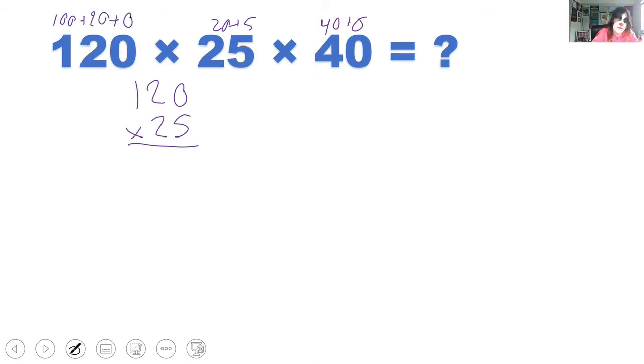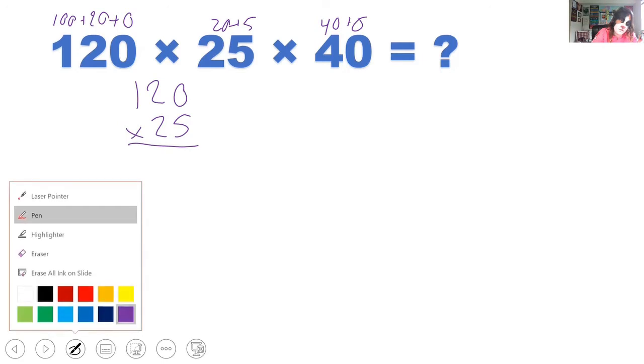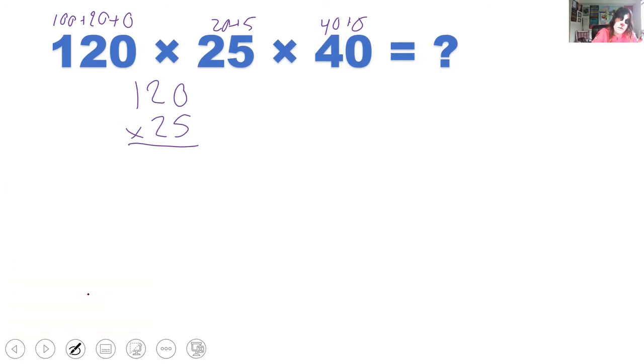Okay? So first thing I want to do is write down all the different equations that I will be using to solve for my product. So I have 5 times 0 here.